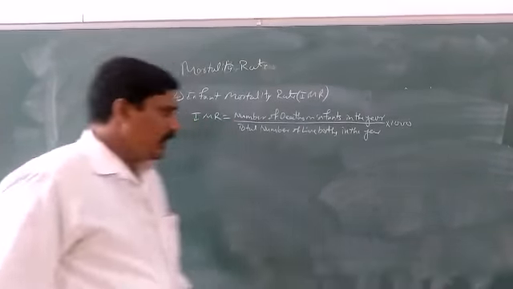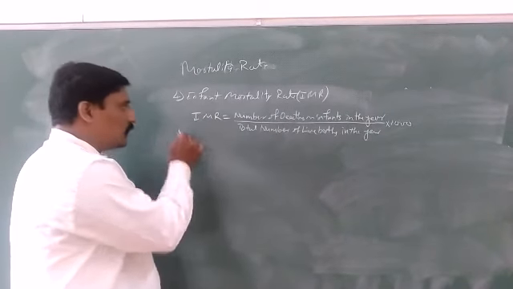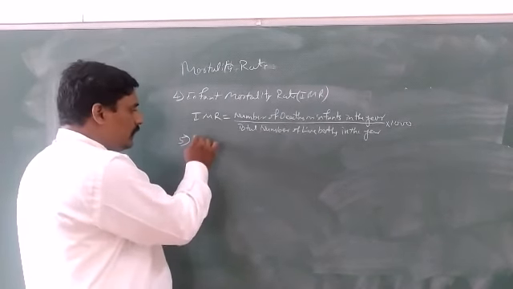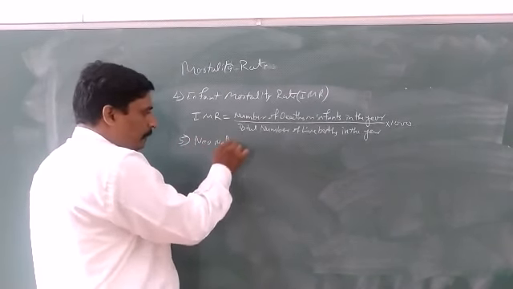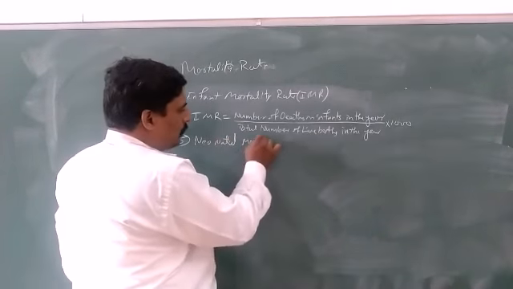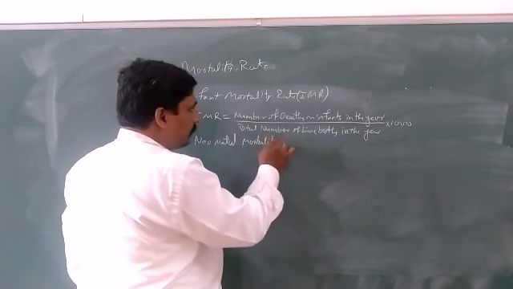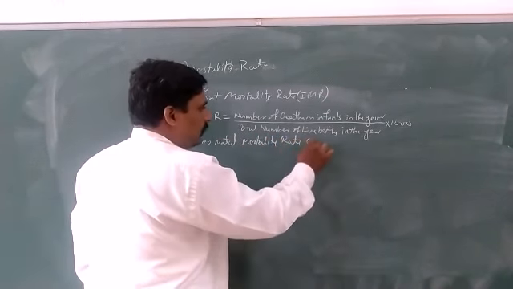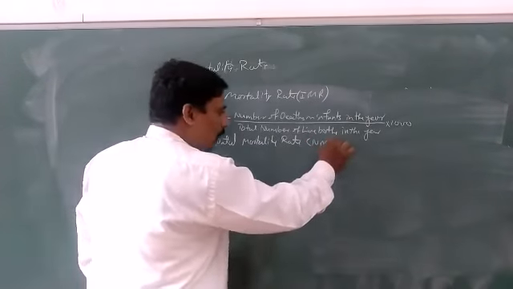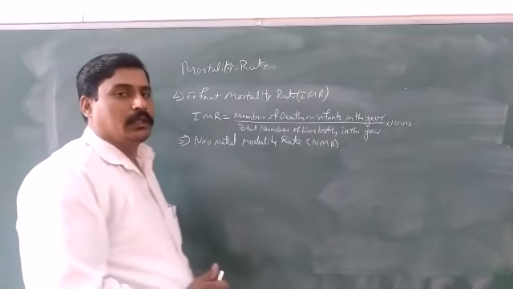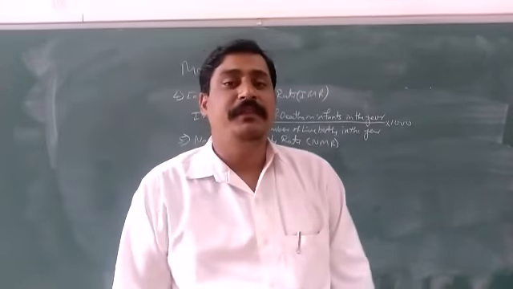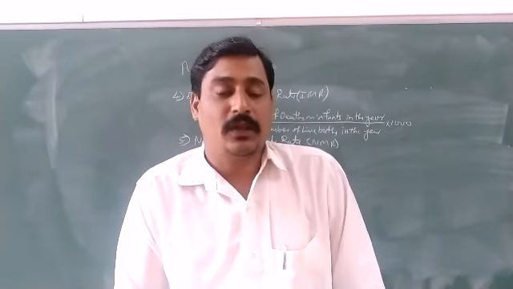And our next concept, the fifth concept, is the neonatal mortality rate, that is NMR. So what is neonatal? Neonatal means a baby which is less than 28 days or 4 weeks.